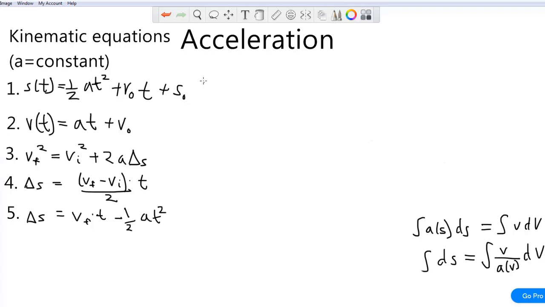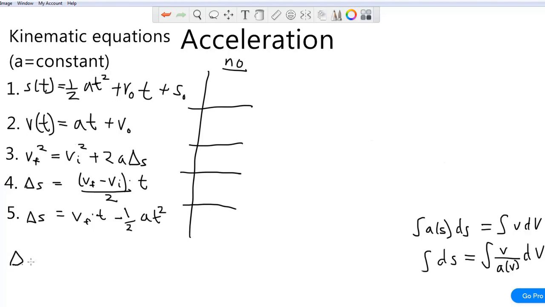Okay, so basically in the end, if you look at all the variables that we're using: delta S, time, acceleration, V final, and then V initial.